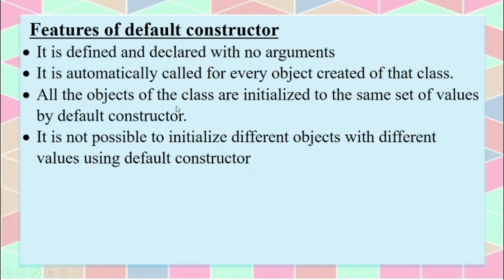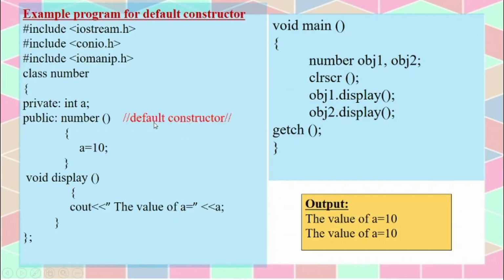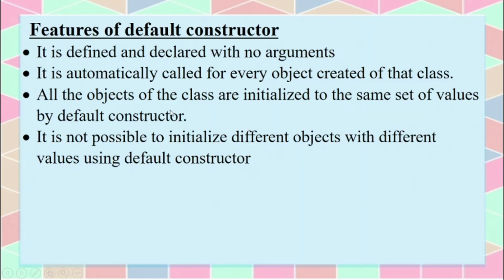And all the objects of the class are initialized to the same set of values by default constructor. That means however many objects I create, for all the objects the same member function is called and the value will be the same. In default constructor, all the objects can be initialized to the same set of values.